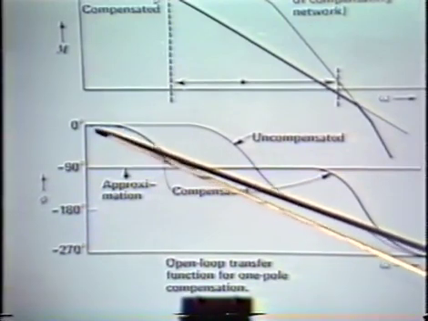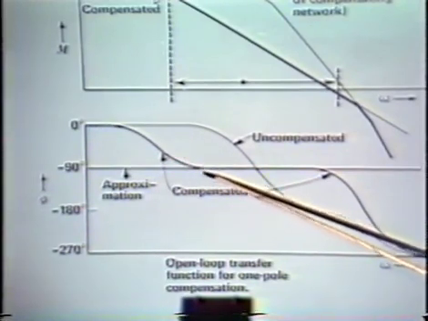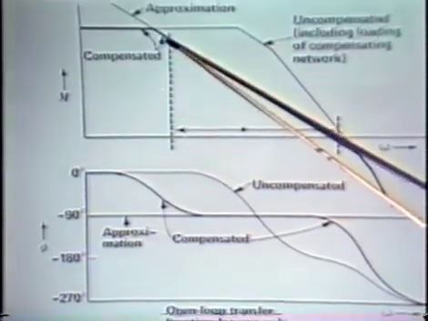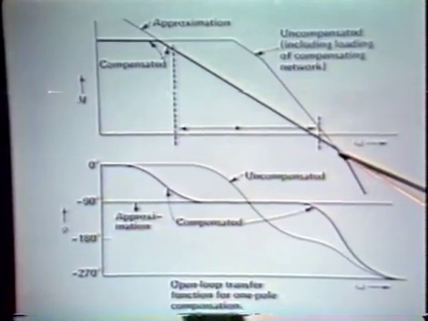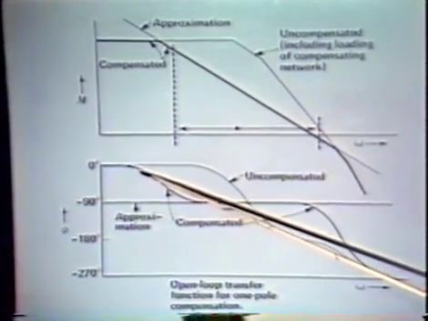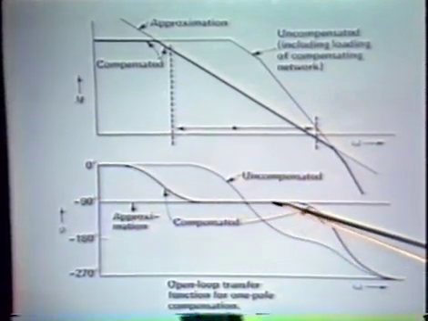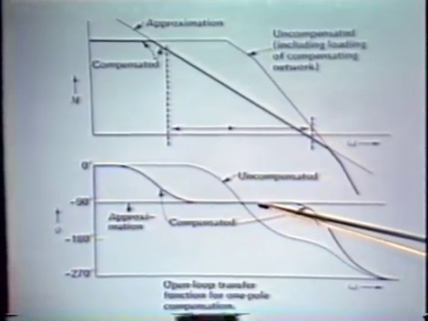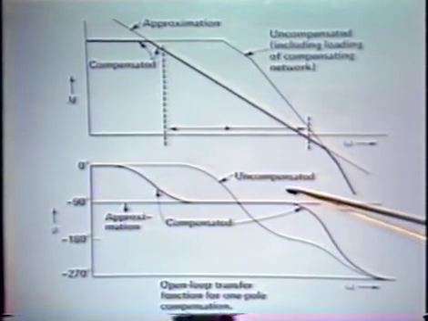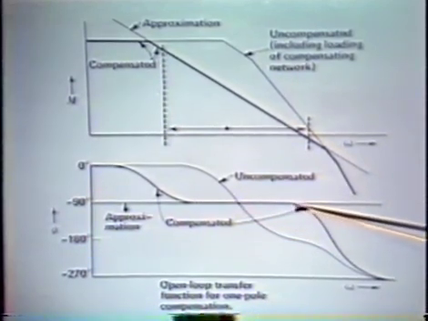The effect of adding the single pole compensation is to force a single pole roll-off between this frequency and some much higher frequency. And so we have a long range of frequencies here where the amplifier open loop transfer function is following a single pole roll-off. We get approximately 90 degrees of phase shift.